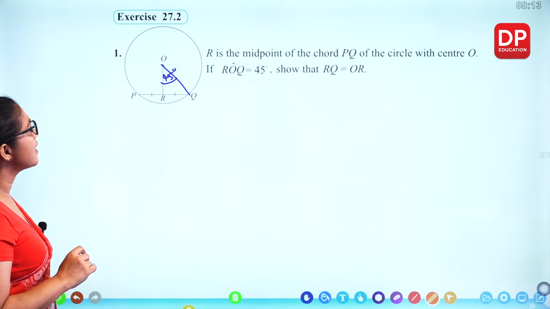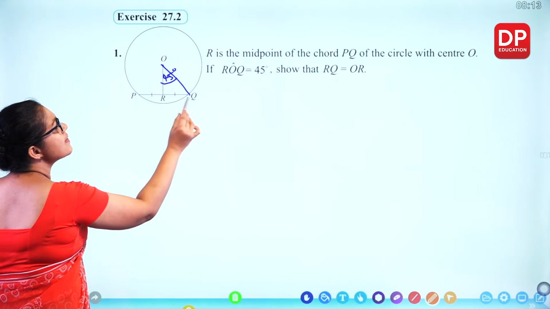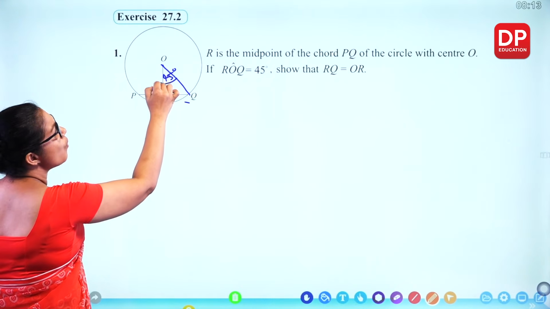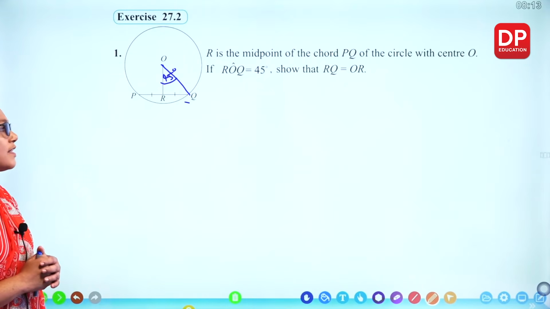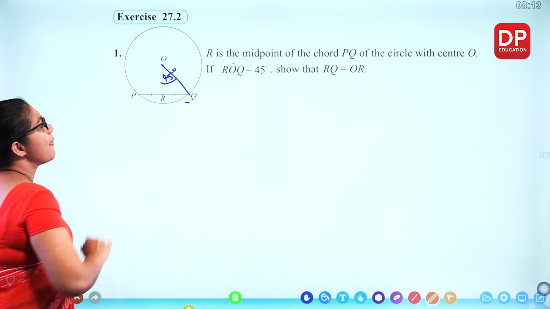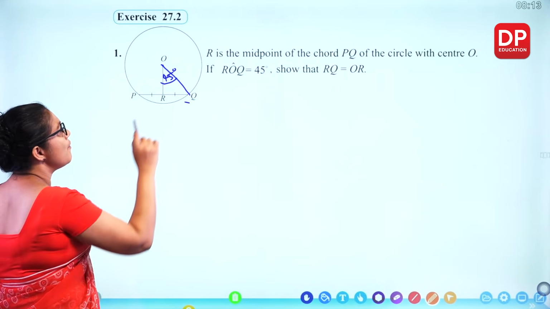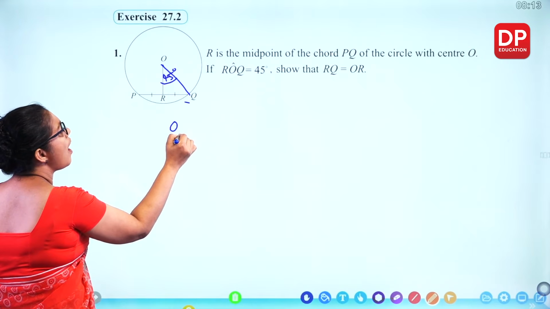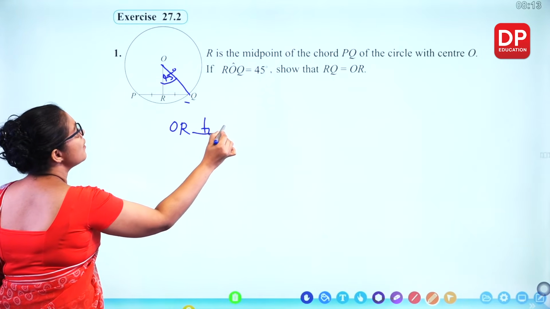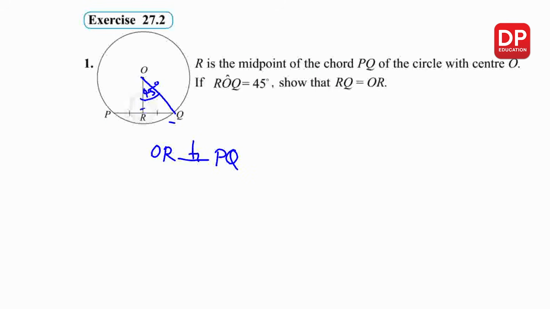Show that RQ is equal to OR. Okay, so we'll try to do that. Now this is about a chord and this is the midpoint. We can straight away take OR is perpendicular to PQ. So this is 90 degrees.